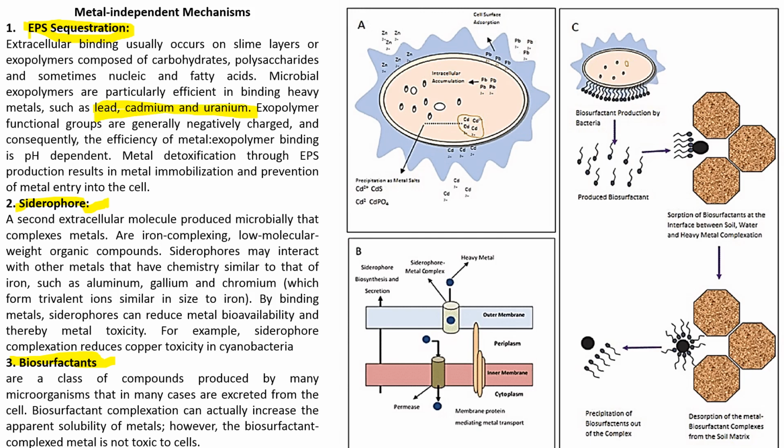And these polymers are negatively charged. So the metals which come in contact with the cell have to be ionized. So certain metals, whether they're oxyanions or cations or anions, their ionization is very dependent on its pH. So the pH dependency is taken care of by the extrapolysaccharide. Once the concept behind EPS sequestration is very, very simple.